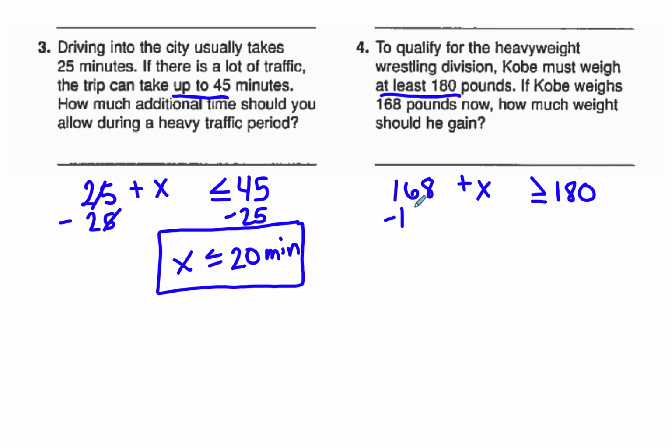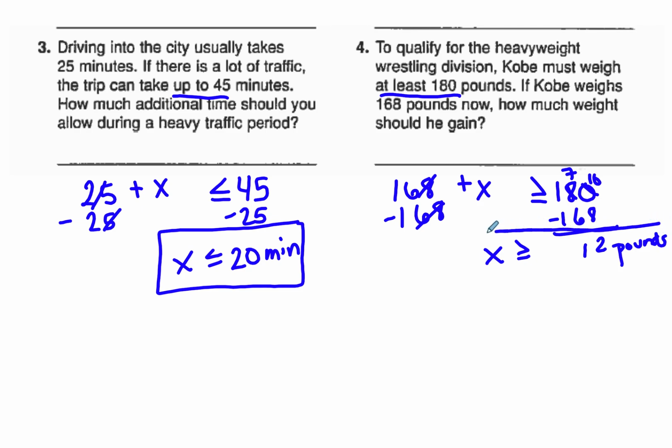Okay, we're going to get rid of that plus 168 by subtracting 168. 168 minus 168 leaves us with x is greater than or equal to. Here we're going to need to borrow. 10 minus 8 is 2. 7 minus 6 is 1. x is greater than or equal to 12 pounds.